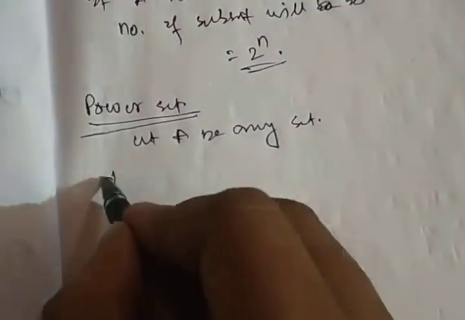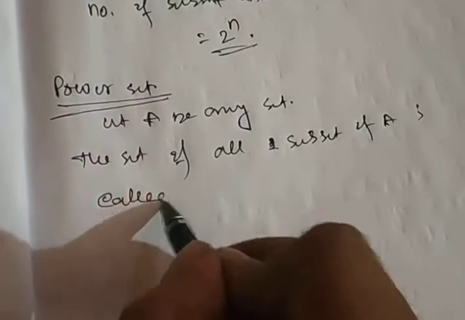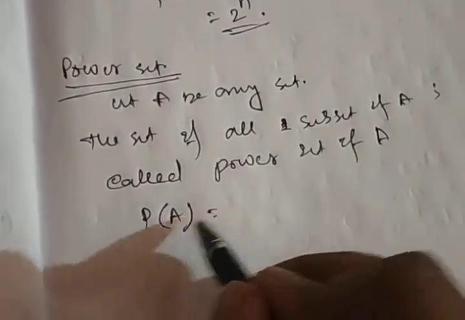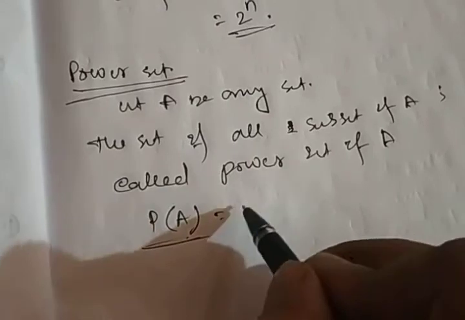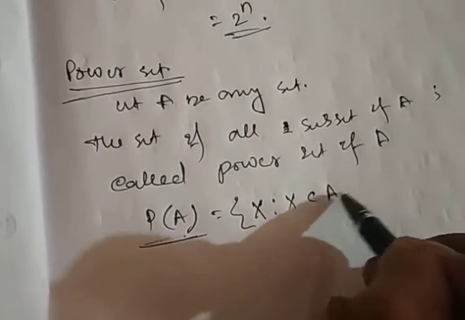The set of all subsets of A is called the power set of A, denoted P(A), defined as the set of all X such that X is a subset of A.